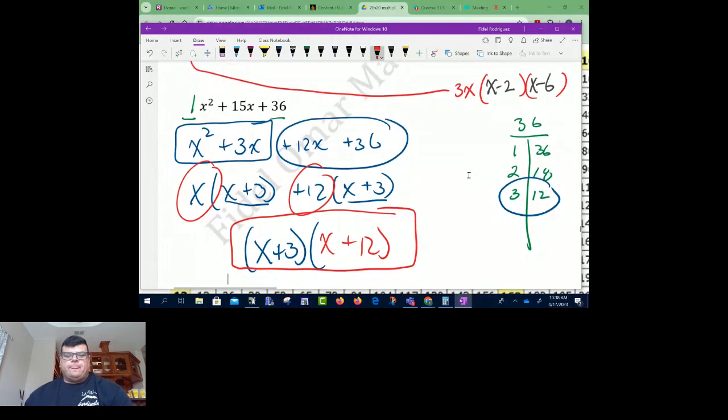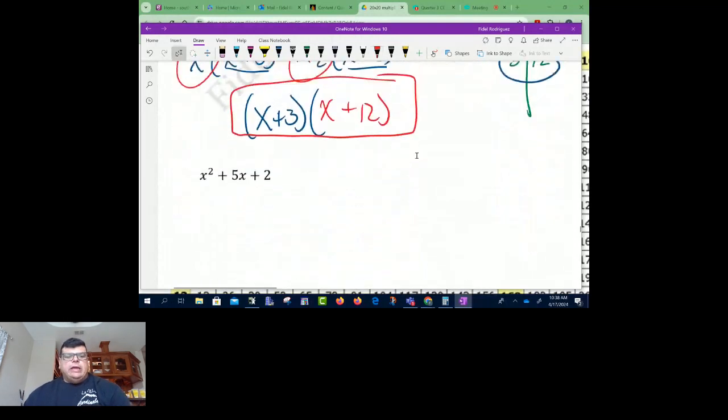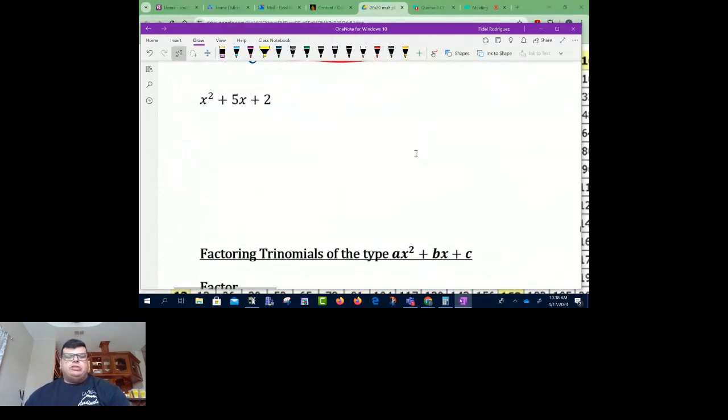Awesome, awesome. Okay, so look, y'all, I got one more here, and then we're going to do a different type of factoring problem, y'all, and then we'll take a little break, okay? So, y'all, this problem here, again, same process, right? Look, we're going to take 1 times 2. 1 times 2 is 2. So, y'all, remember, I'm looking for the numbers that multiply to 2. Well, the only numbers that I know multiply to 2 are 1 and 2.